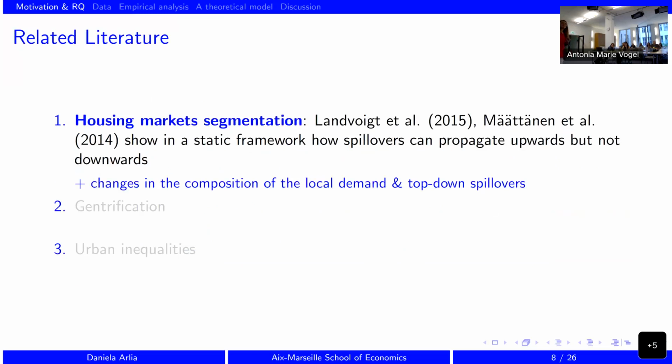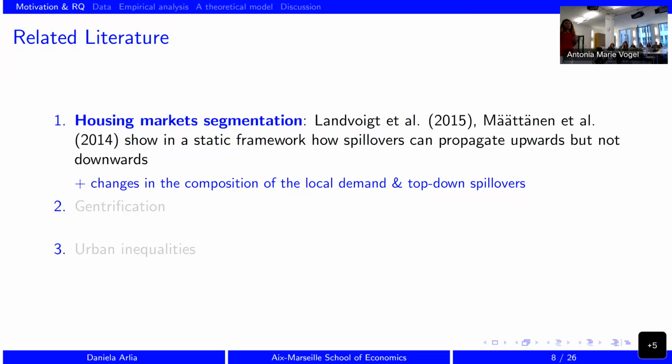Some related literature: I mentioned already the paper by Lamboit and co-authors, 2015, and there is another paper by Matanen and co-authors that uses this framework of housing market segmentation to understand the spillovers up and down the distribution.